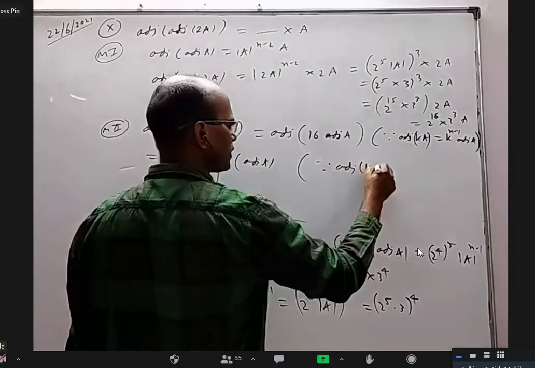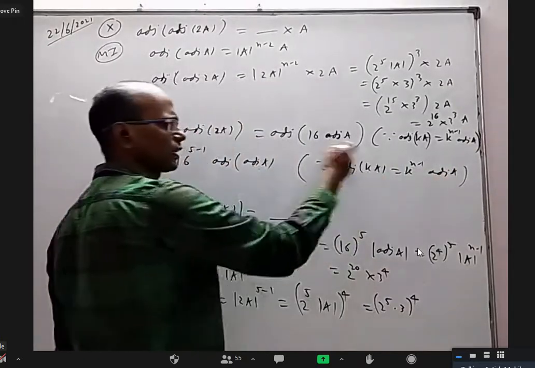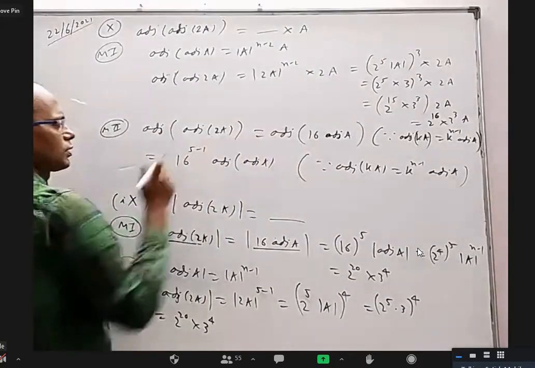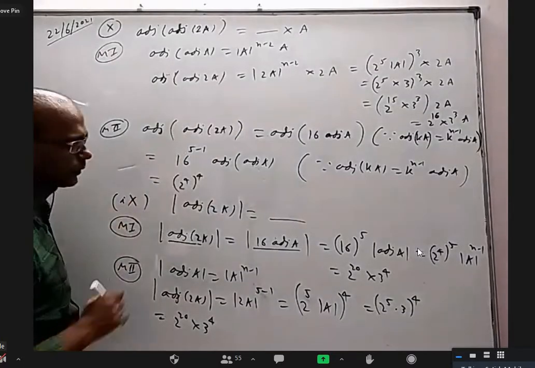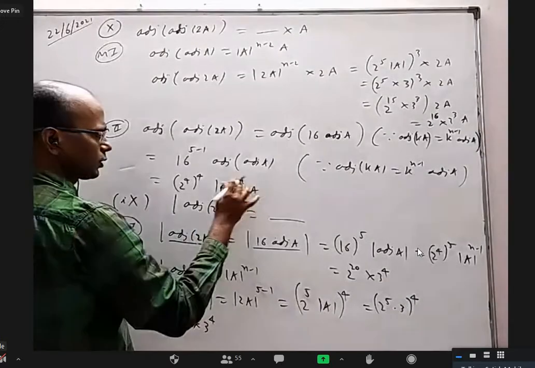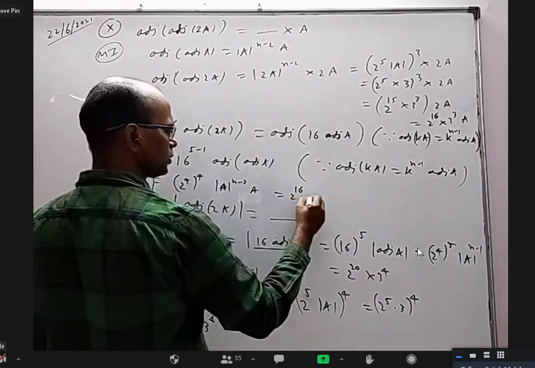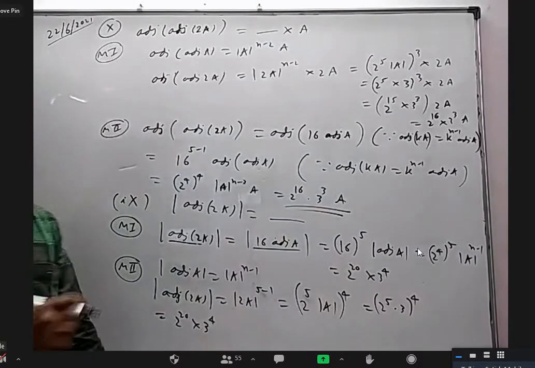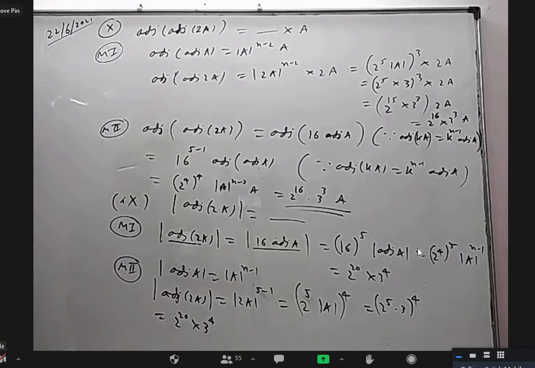Adjoint of KA is K power n minus 1 into adjoint A. If you want to take K out, it will become n minus 1. So I have to just take this 16 out. That's how it is. So it is actually 2 power 4 whole power 4. So I'm getting 2 power 16. And adjoint A is det A power n minus 2 into A. So which is 2 power 16 into 3 cube A. Yeah, it is not 2 power 15. 2 power 16 into 3 cube into A. You can do like that, or you can do like the same answer.